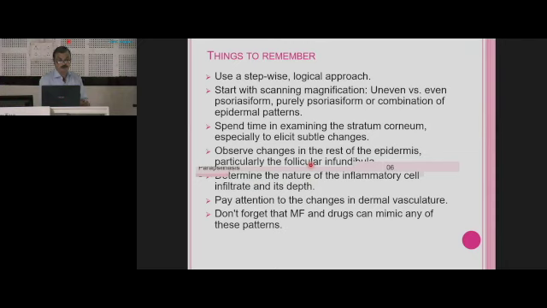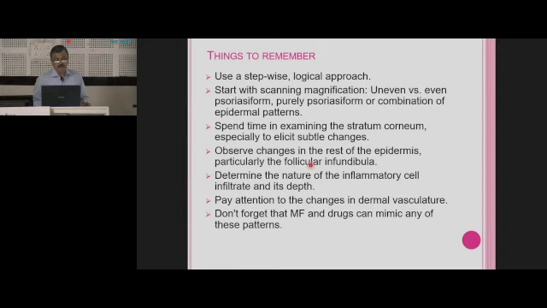In the dermal vasculature, there are dilated capillaries in the papillary dermis, which give the clues for psoriasis. The earliest sign of psoriasis is the increased vascularity in the papillary dermis. That is the earliest sign.